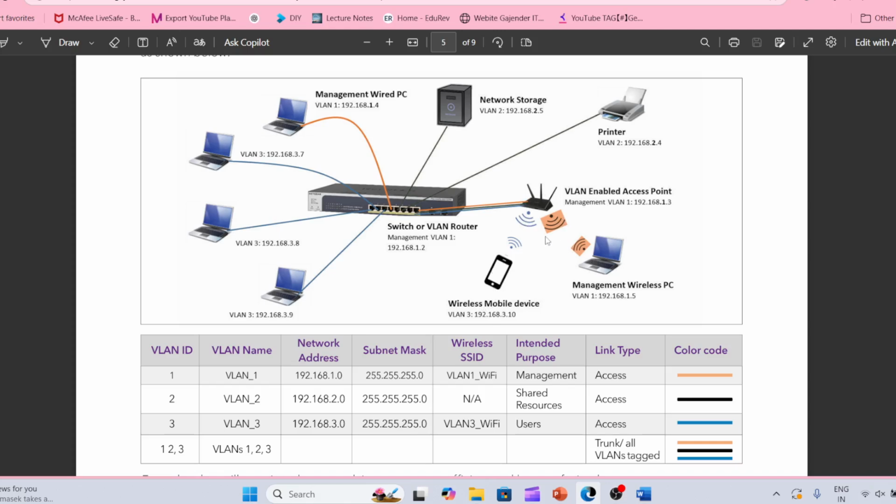Then we have a switch over here, and from this switch different electronic devices are connected. In that we can also create different logical groups. So we have VLAN 1, VLAN 2, VLAN 3, and these are the IP addresses. Logically we have created VLANs over here.